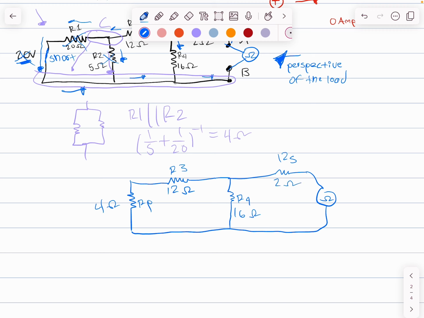If I'm drawing my current arrows again, same idea, going from the perspective of the load, I go up, I go down across R4, I go through R3, and I go through R parallel. R3 and R parallel actually have the same current. This current 1 and 2 are equal to each other. They are in series with each other. So I can add R3 and R parallel together. So I'm doing 4 ohms plus 12 ohms. And this will get me 16 ohms.